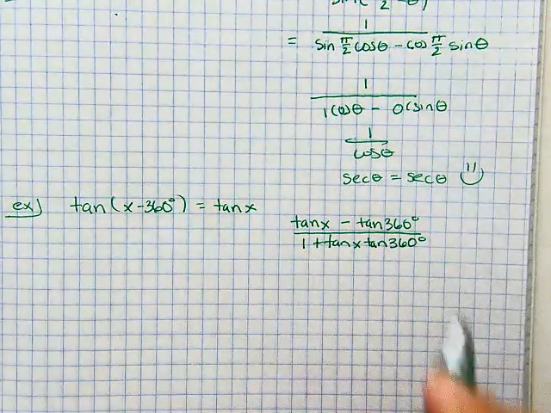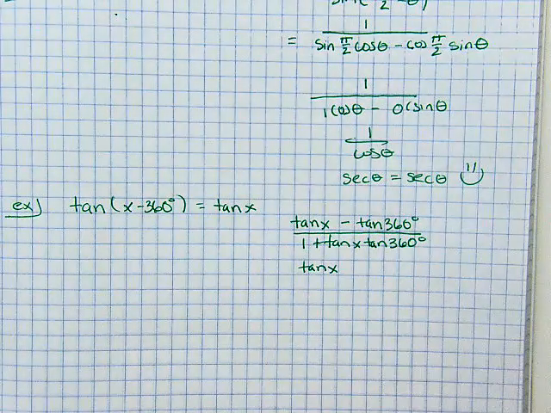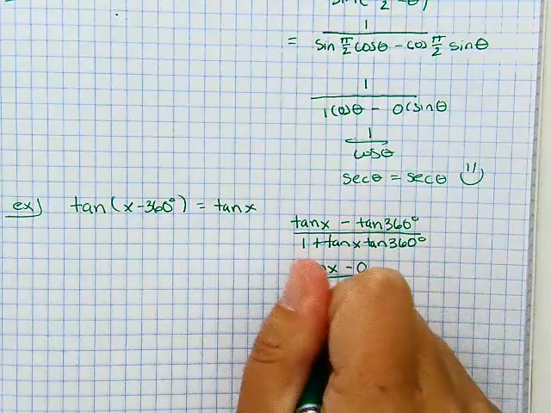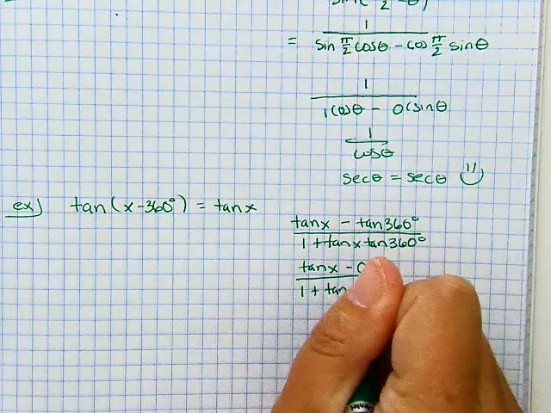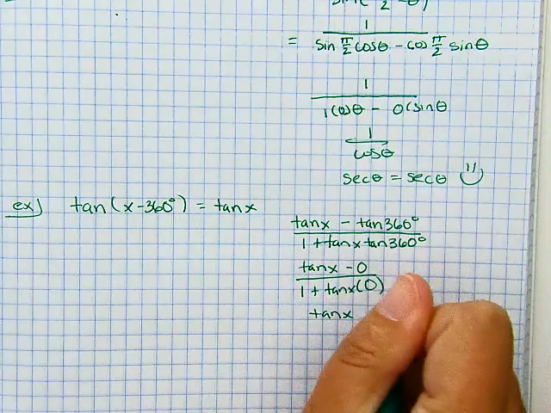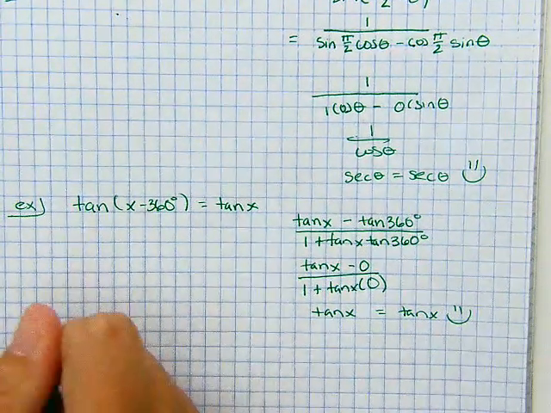Then we'll unit circleize. Tangent of x is just tangent of x. Tangent of 360, that's 0, not undefined. And then it'll be over 1 plus tangent of x times 0. So my final answer is tangent of x, and there you go. Yay!